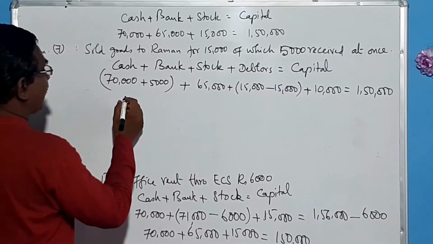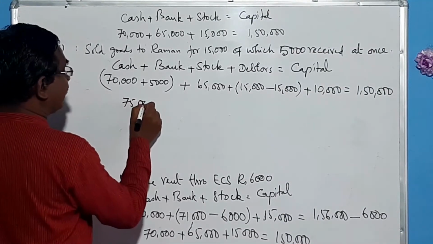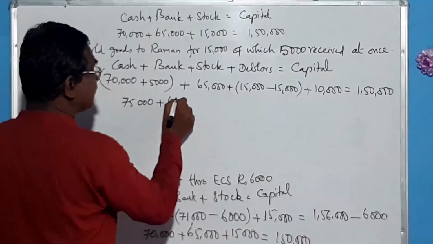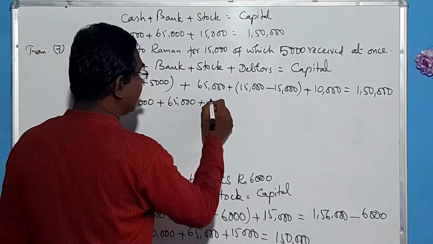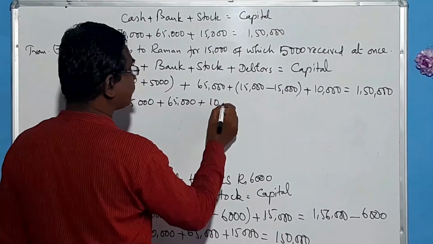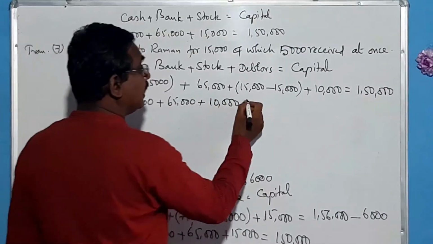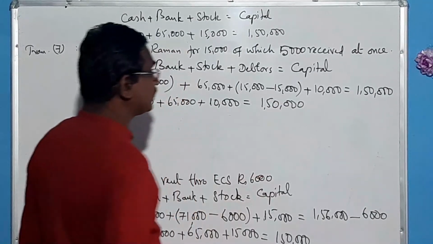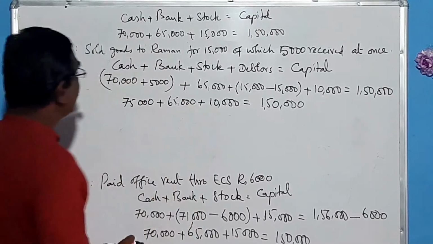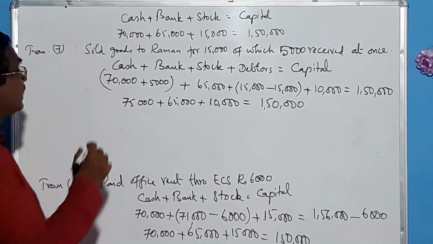So let us go for writing. Cash 75,000, bank 65,000. There will not be any stock, whereas debtors 10,000, and the capital is 1,50,000. Then what is the accounting equation?